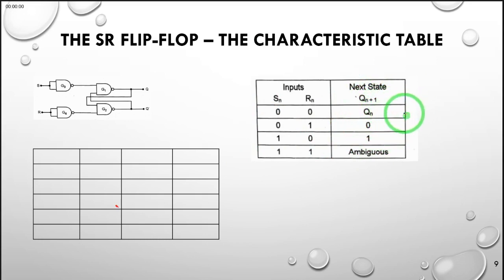If the present state is Qn, with n being the present state, the next state is expressed as n plus 1. When S is 0 and R is 0, the next state will be the same as the previous state, that is why we are calling it Qn. Again, we remind ourselves that we do not use the state of 1, 1. When S is 0 and R is 1, the next state is 0. And when S is 1 and R is 0, the next state is 1.